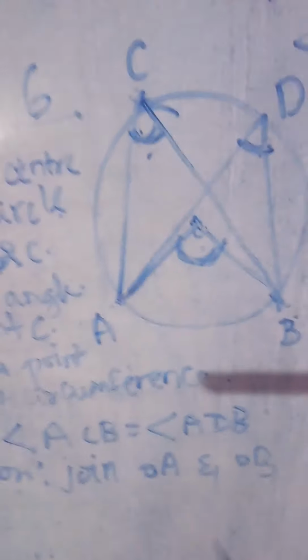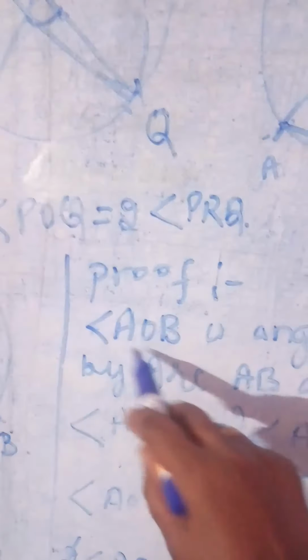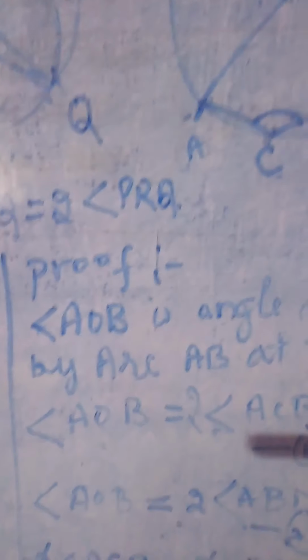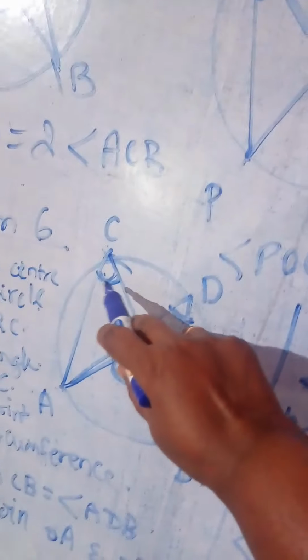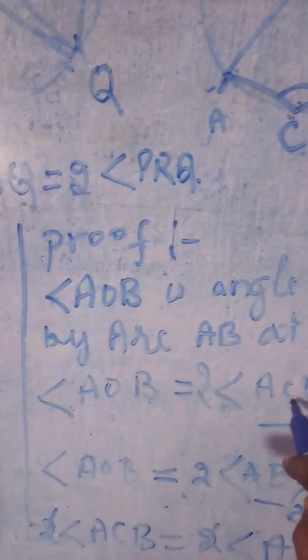Now construction: join OA and OB, which are the radius of the circle. According to theorem number 5, angle AOB, the angle subtended by the arc at the center, is equal to 2 times the angle subtended at the circumference. So angle AOB is equal to 2 times angle ACB.